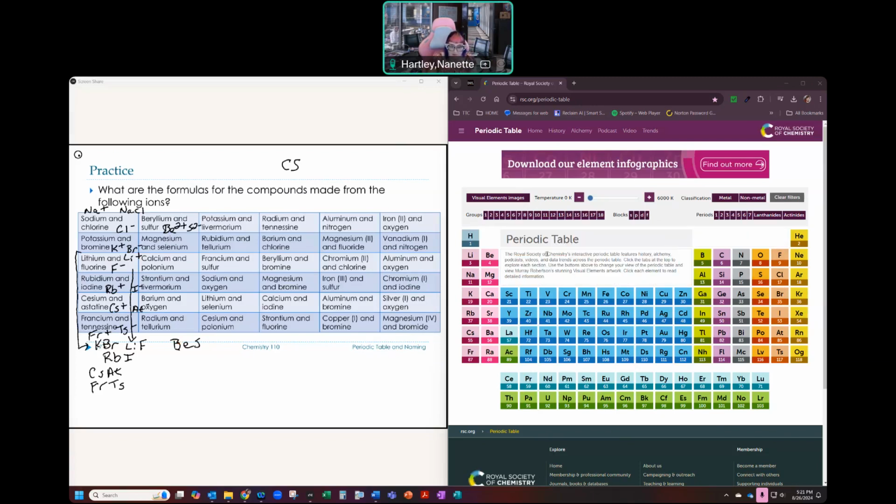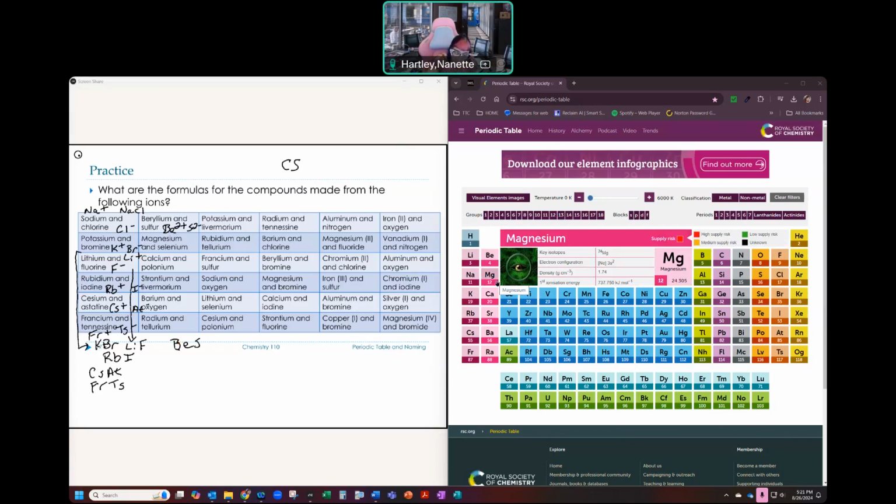Magnesium is this one right here. So he's going to be a 2+ as well. And then we have selenium. So selenium is Se. He's also going to be a 2-. So that'll be an MgSe. Okay. Again, capital S, small e for that.